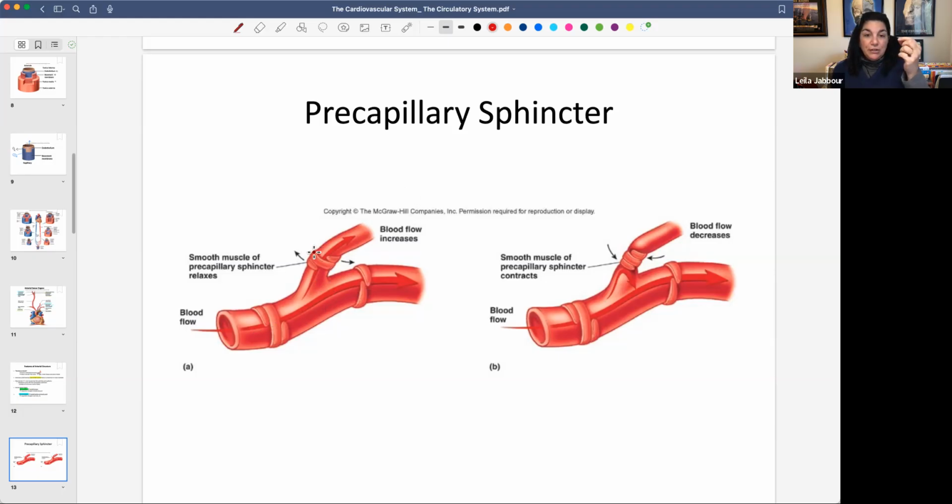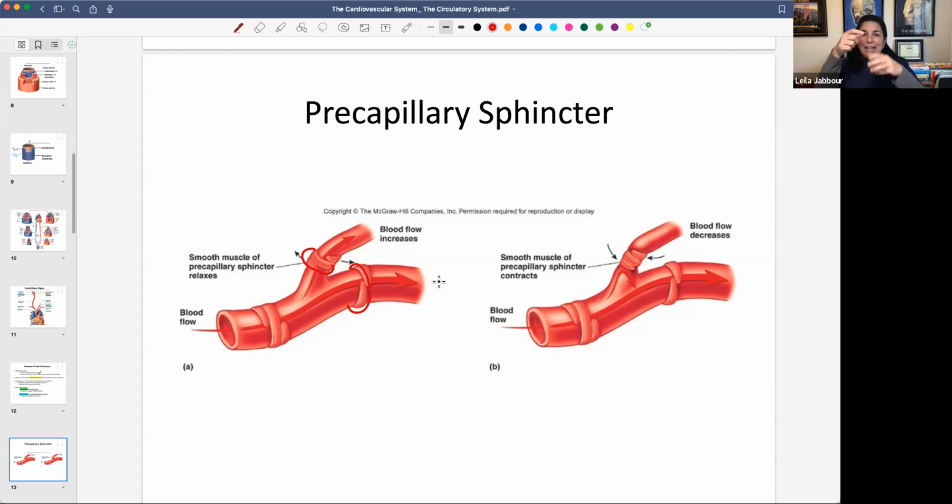These sphincter muscles are much better at doing that than if we had them throughout the tunica media, because then that would mean it would be all along the wall of the blood vessel.